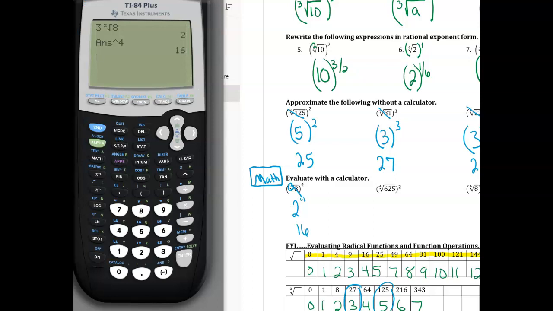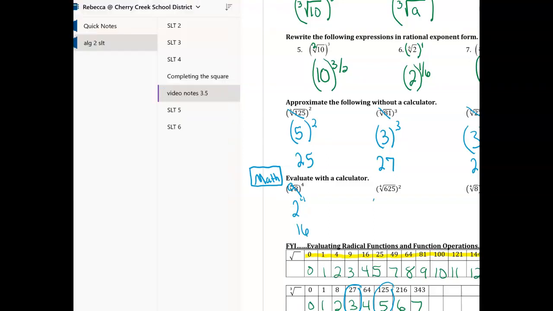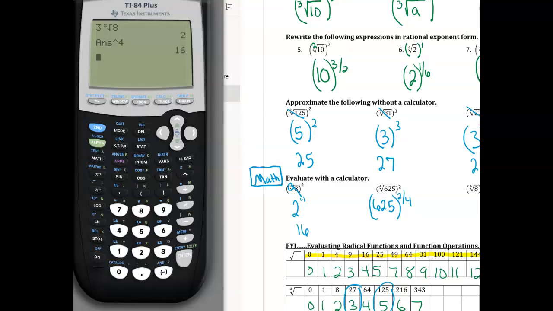So this is really complicated. You can see how many times that took me to get this right. So instead, what would be easier is to write it as that rational exponent. I'm going to wrap this in parentheses and show you how to type it in that way. So I'm going to clear out my screen, and I'm just going to put in parentheses 625, hit my exponent key, the number above the division button, and now because this is the older operating system, I will need to let my calculator know that 2/4 is the entire rational exponent.